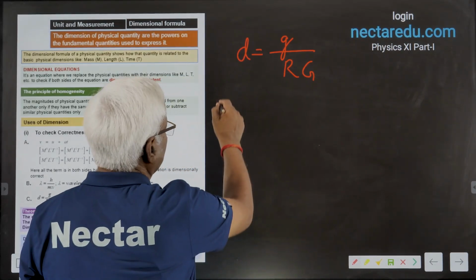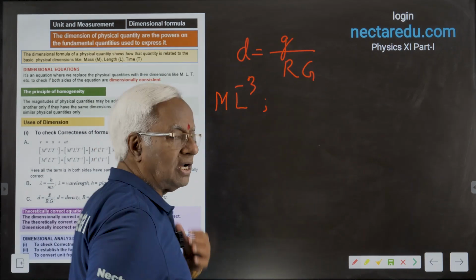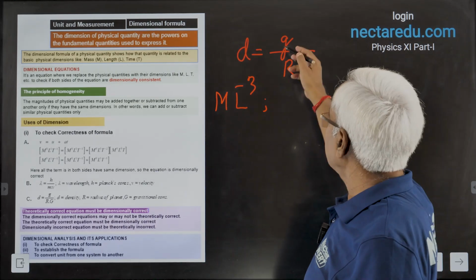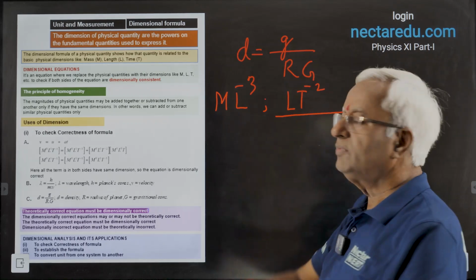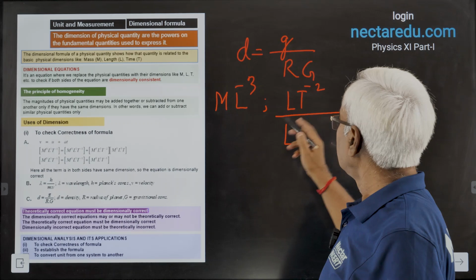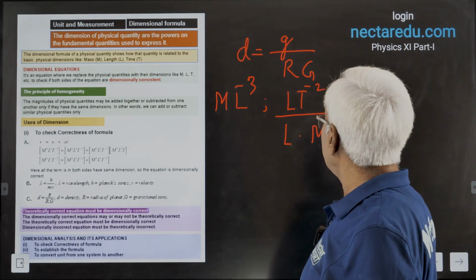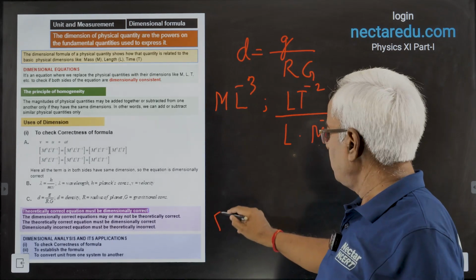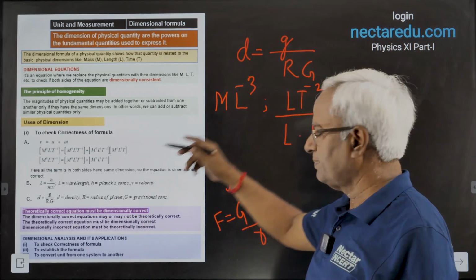The dimension of the left side is ML minus 3, mass upon volume. On the right side you have acceleration due to gravity, LT minus 2, radius L, and capital G, M minus 1 L3. By using this relation, you can go ahead and find the dimension of G.